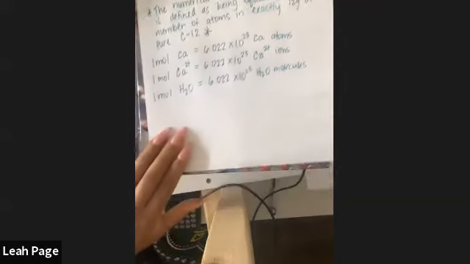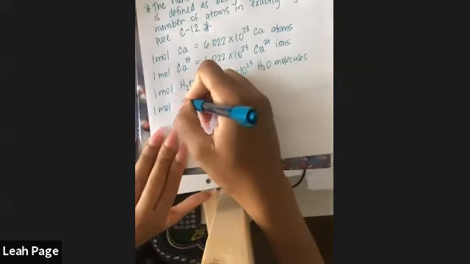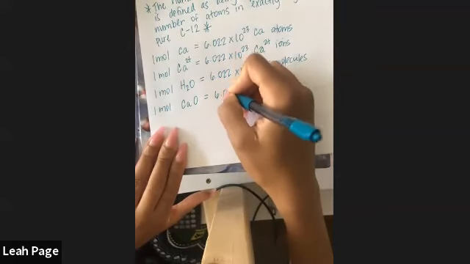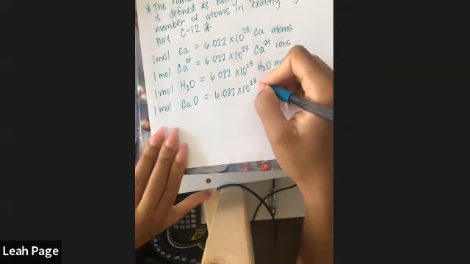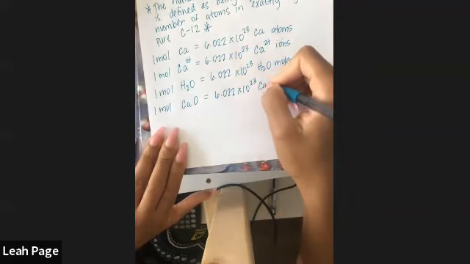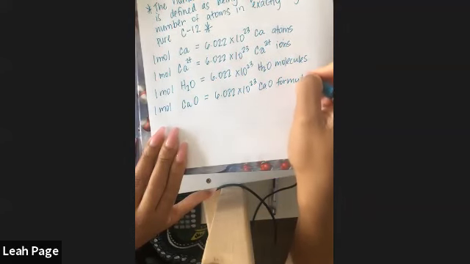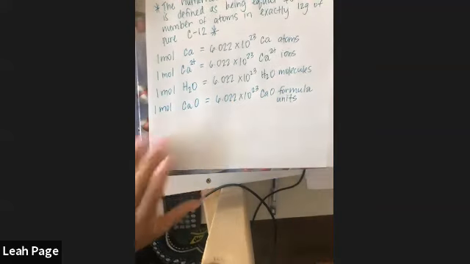So I could write that out as well. Let's say I have 1 mole of calcium oxide. Calcium oxide is an ionic compound, so its base unit is called formula units, versus molecules.